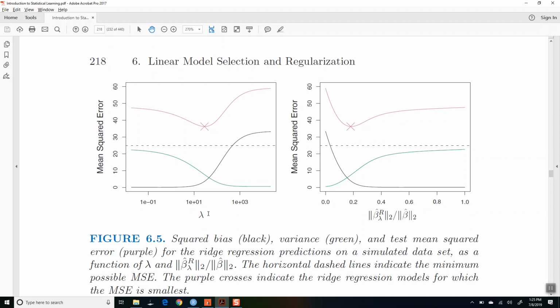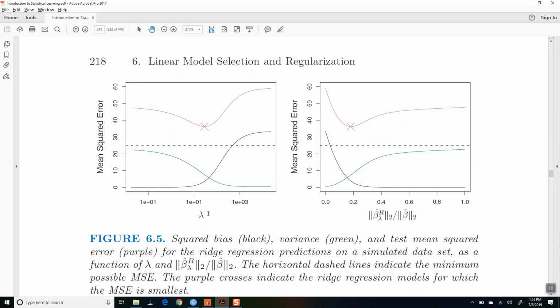The side effect, though, is the bias goes up, okay? So we've reduced the variance in our estimates, but now if we do this in the long run and take the average of all of our beta coefficients, we no longer get the true coefficients. They no longer average out to what the true parameters are. So we've introduced some bias, okay?